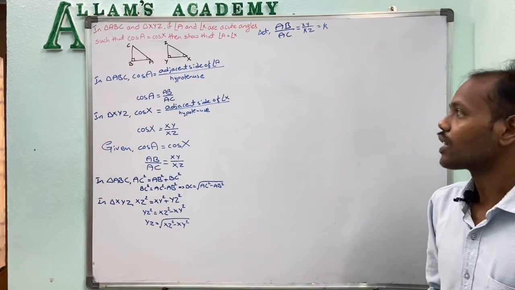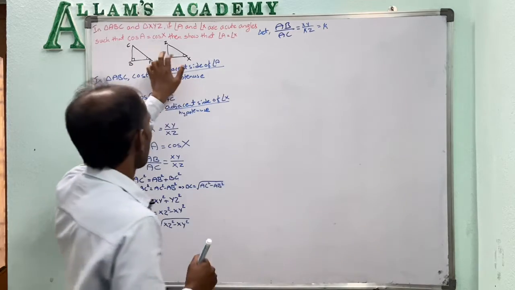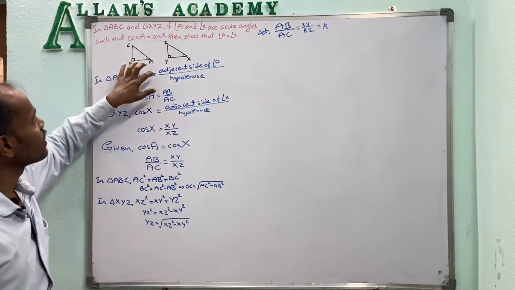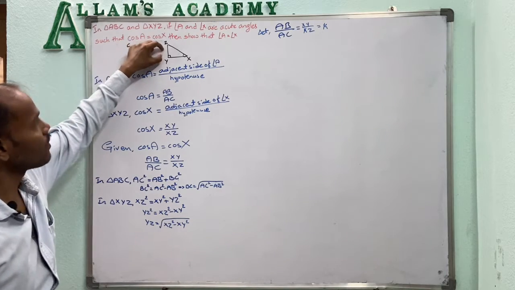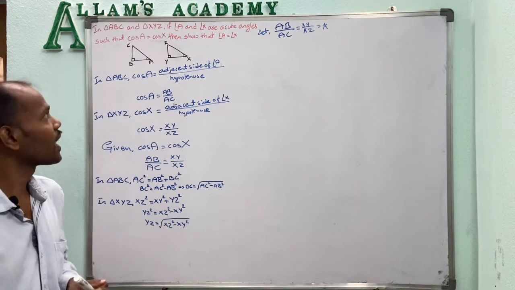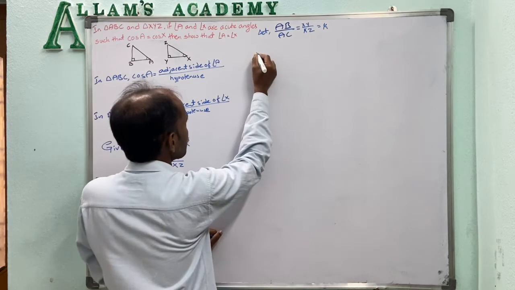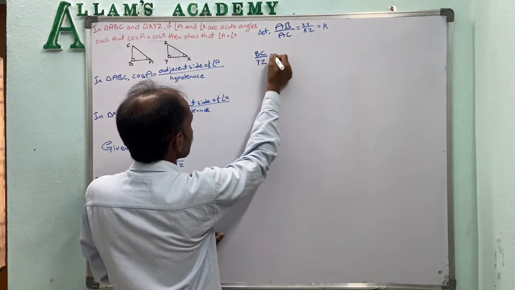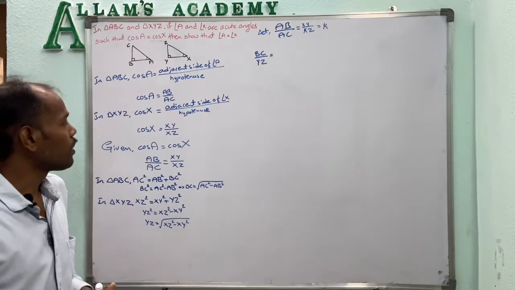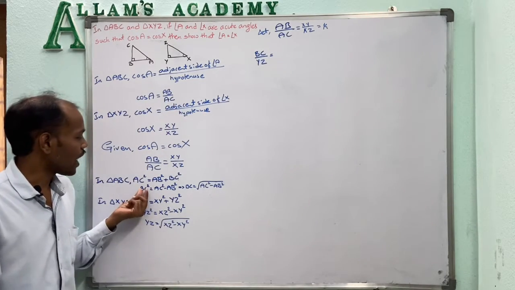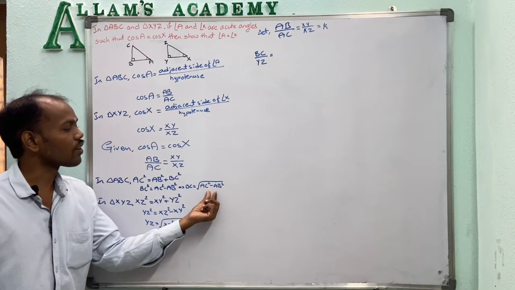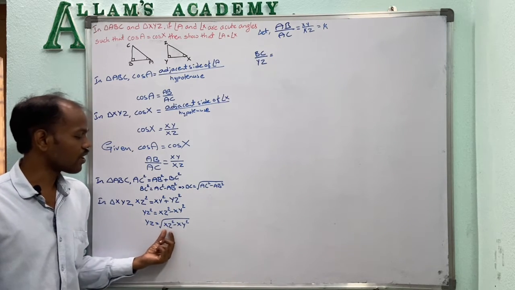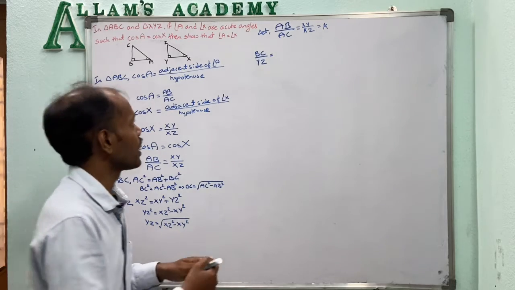Okay, now in these two triangles ABC and XYZ, the remaining third sides are BC and YZ. Now we find the ratio of BC and YZ. By Pythagoras theorem we already know BC equal to under root AC square minus AB square and YZ equal to under root XZ square minus XY square.